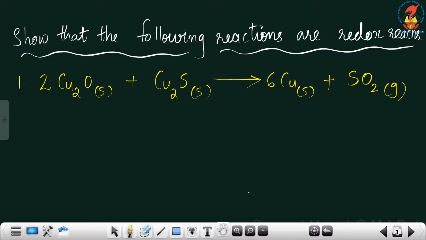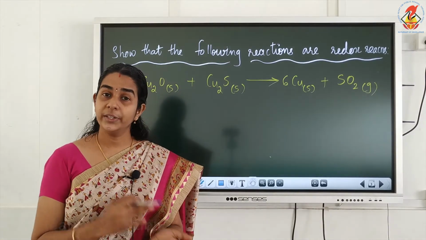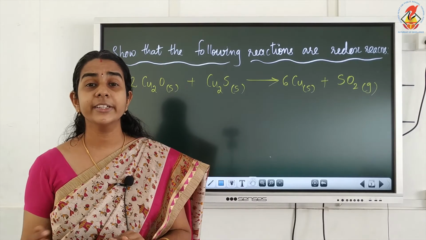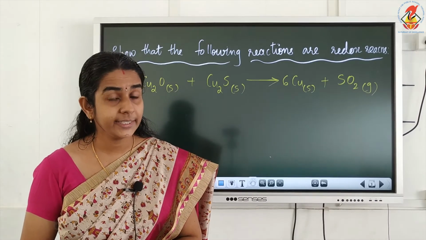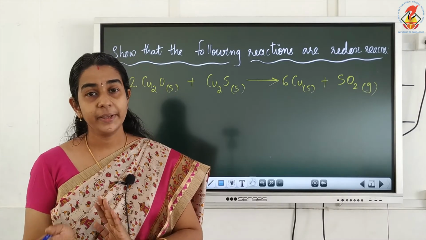One equation will be given and the question will be to show that the following reactions are redox reactions. And we know what is meant by redox reactions. Redox reactions are where oxidation and reduction take place simultaneously. Where there is oxidation, there will be reduction also.